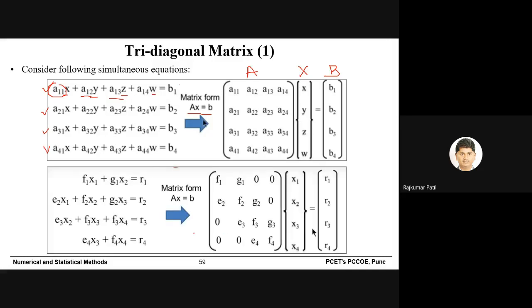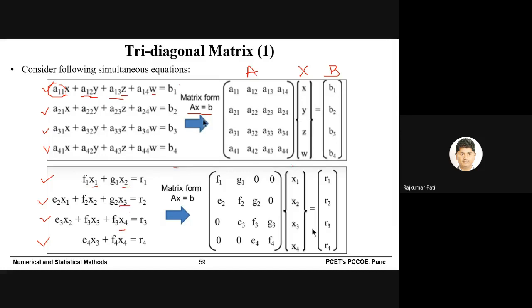But sometimes some of the coefficients are zero. So for example, you can see equations number 1, 2, 3 and 4, and in these equations x1, x2, x3 and x4 are the unknowns.